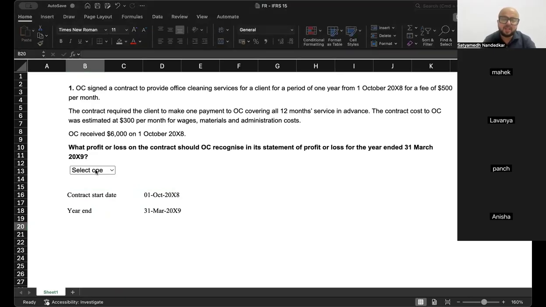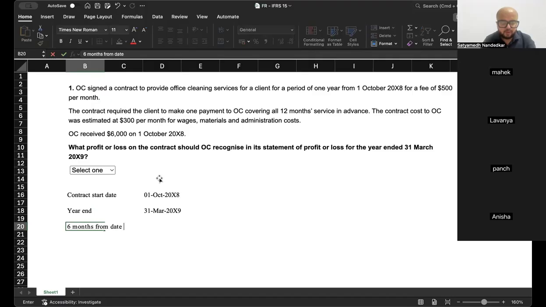So tell me basically how many months have gone by from the date of commencement of the contract to this date? 6 months. 6 months have gone by. Okay. Now, what is the total 6 months from date of commencement of contract to end of financial year?